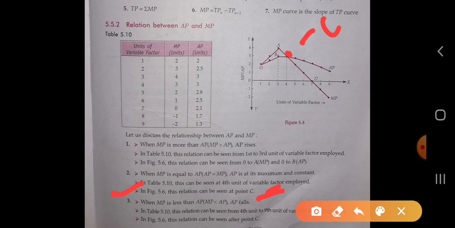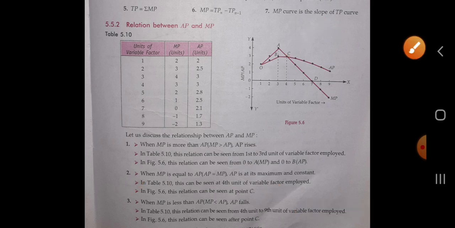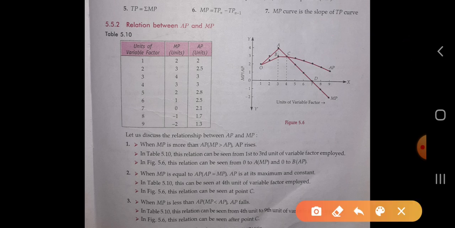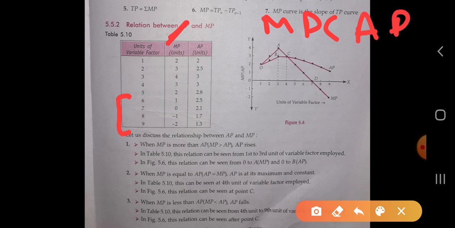Okay, when MP is less than AP, AP will fall. See in the schedule, here the condition is MP is less than AP.